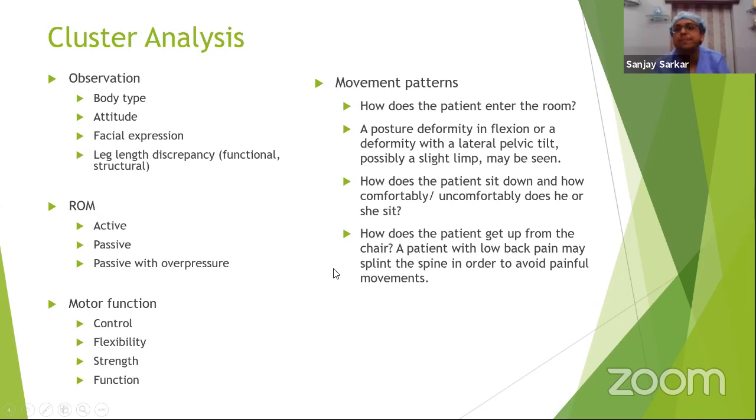Now, when we come to movement patterns, that's also one of the osteopathic schools of thought, a critical piece of information that you need to take. Movement patterns. How does the patient enter the room? How is he or she walking towards you? If there is any problem while the patient is sitting, or if there are any symptoms while the patient is getting up. If the leg length differs, you do a gait evaluation.